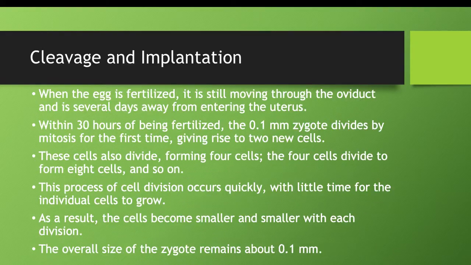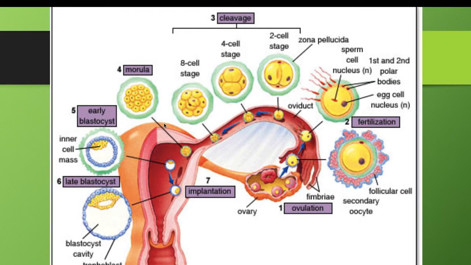So let's go back to this picture. The morula makes it to the uterus. Once it makes it to the uterus, it creates this thing, a blastocyst. A blastocyst is basically all of the little cells, the morula, that sort of move to one side, leaving a big empty space.